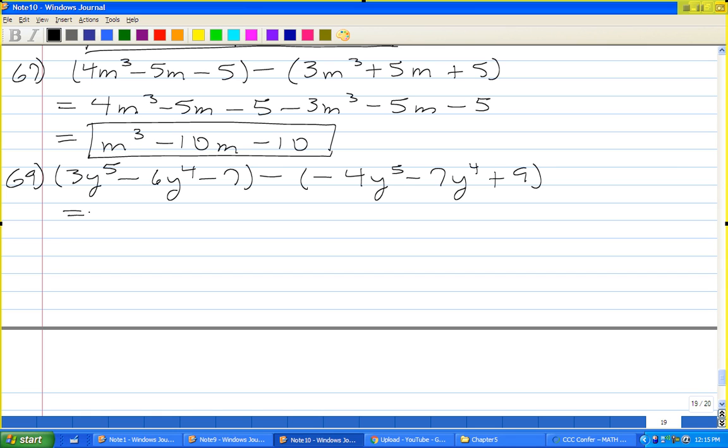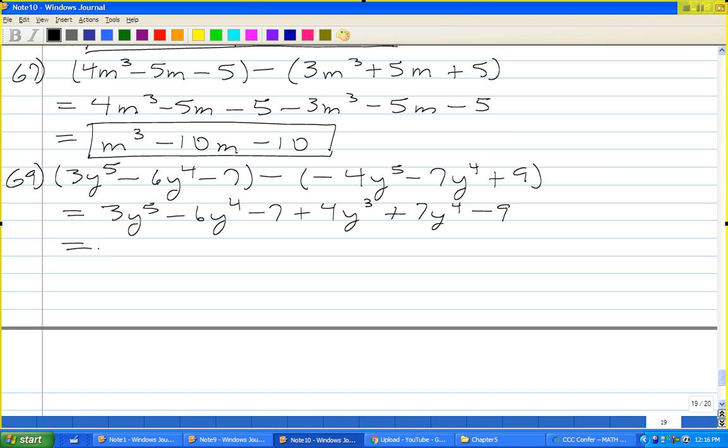Okay, so let's get rid of parentheses. 3y to the fifth minus 6y to the fourth minus 7. Change all the signs inside the parentheses: plus 4y cubed plus 7y to the fourth minus 9.